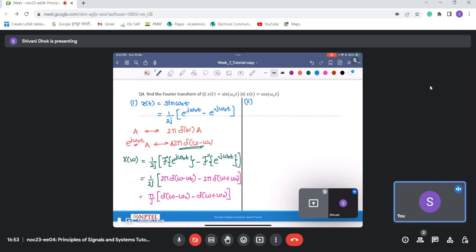Now let us look at the next part. What we are having here is x(t) equal to cos of omega naught t. Again we'll write it in terms of complex exponentials; it actually simplifies many things. So this can be written as e power j omega naught t plus e power minus j omega naught t, upon 2. Therefore X of omega is equal to 1 by 2, inside the bracket, Fourier transform of e power j omega naught t plus Fourier transform of e power minus j omega naught t.